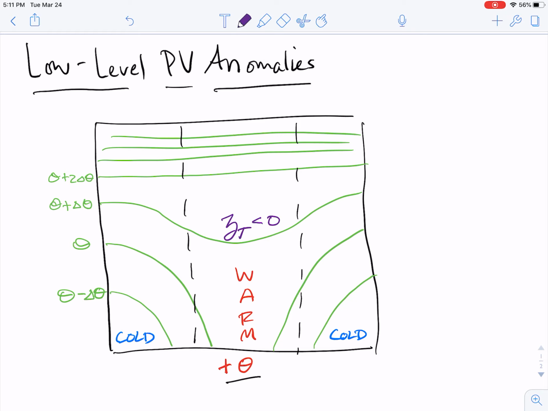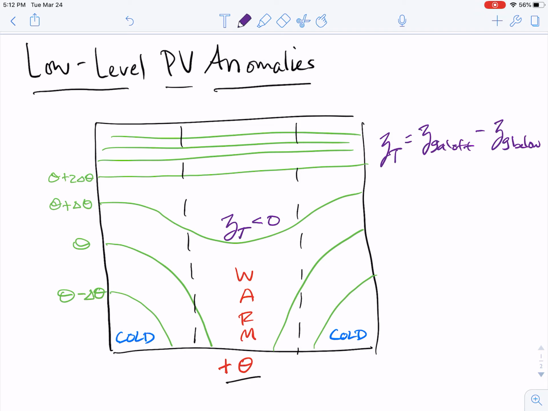And so then the question becomes, if this is the case, how can we relate this more to our regular geostrophic vorticity that we're usually used to working with? And so one way we can say that is with our zeta sub t, our thermal vorticity, that is equal to the difference in our geostrophic relative vorticity aloft minus our geostrophic relative vorticity below.